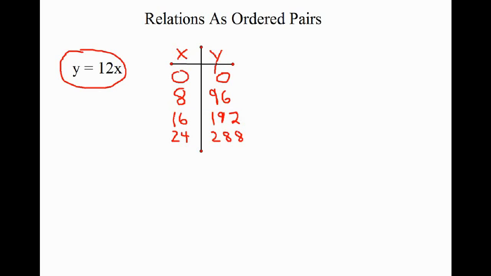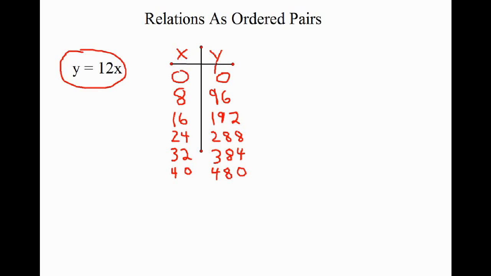If we work for 4 days, then we would work for 32 hours, and we get paid $384. And finally, if we work for 5 days, that means we're working for 40 hours, and we get paid $480.